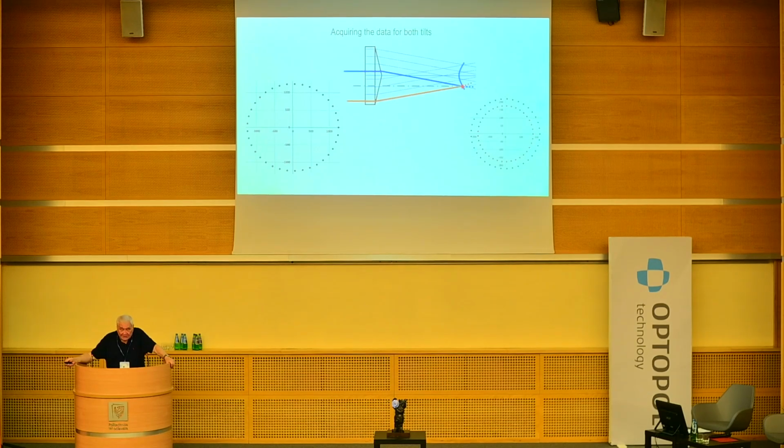So we have 2 projections. The average, the mean value between them is what we call regular aberration data.